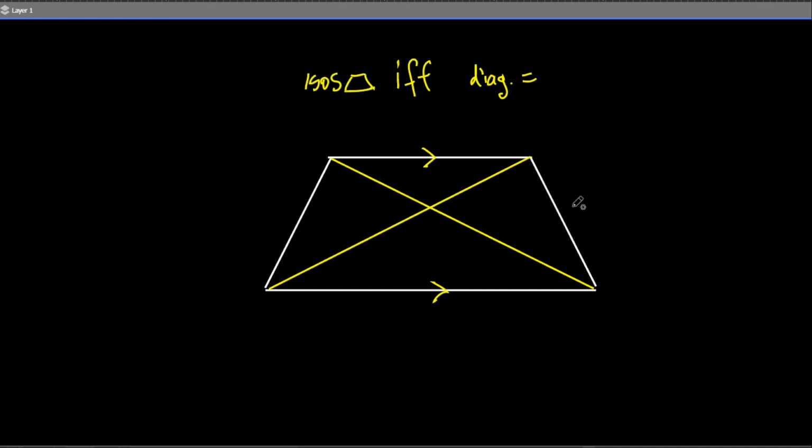If it's an isosceles trapezoid, then the diagonals are equal to each other, right? But you could go the other way and say if the diagonals are equal to each other, then it's an isosceles trapezoid. That's what that if and only if means. It goes both ways, right? I could go from here to here, or I could go from here to here, and they are both true. Both of those statements would be true. Does that make sense?